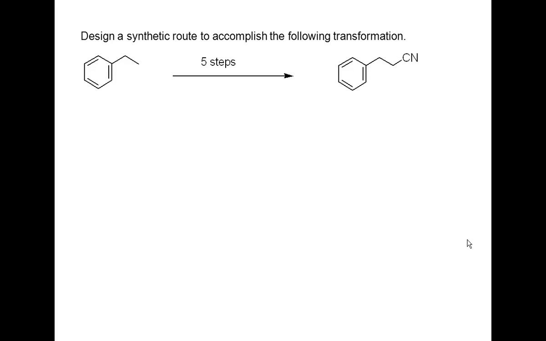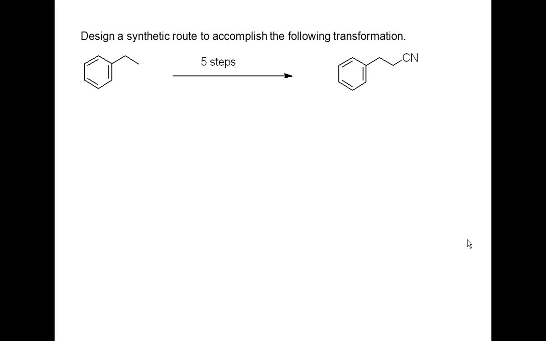Okay, so it takes 5 steps to convert ethylbenzene into the nitrile shown here. And how would we go about synthesizing this? First, you should think about how many reactions you have had during this semester that incorporate the cyanide group into an organic molecule.